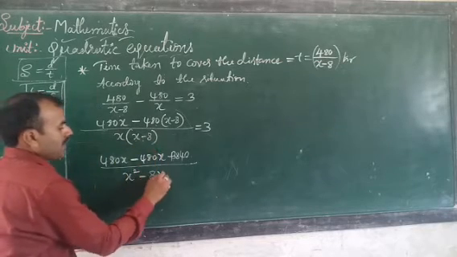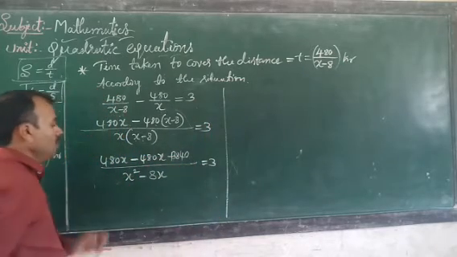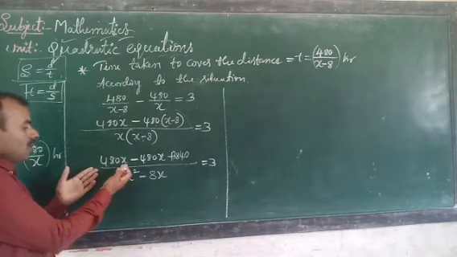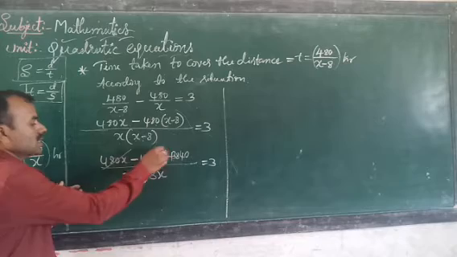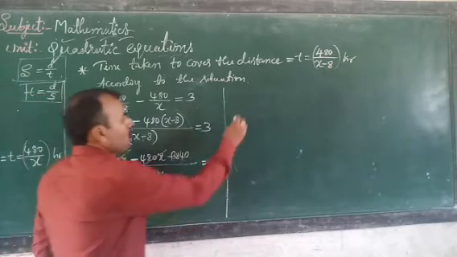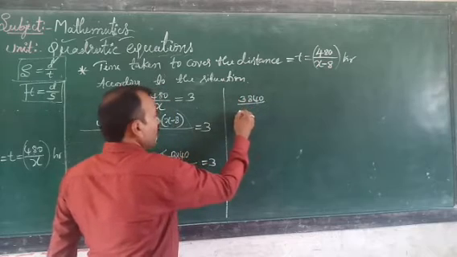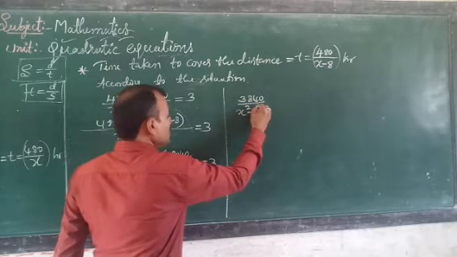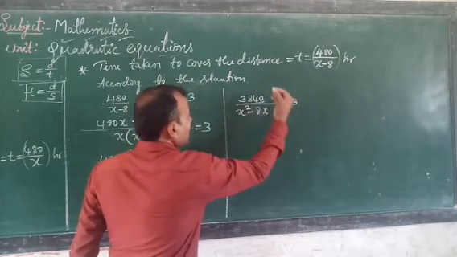into 8, 8x equals 3. Now in the numerator of the LHS, 480x minus 480x get cancelled. 3840 by x square minus 8x equals 3.